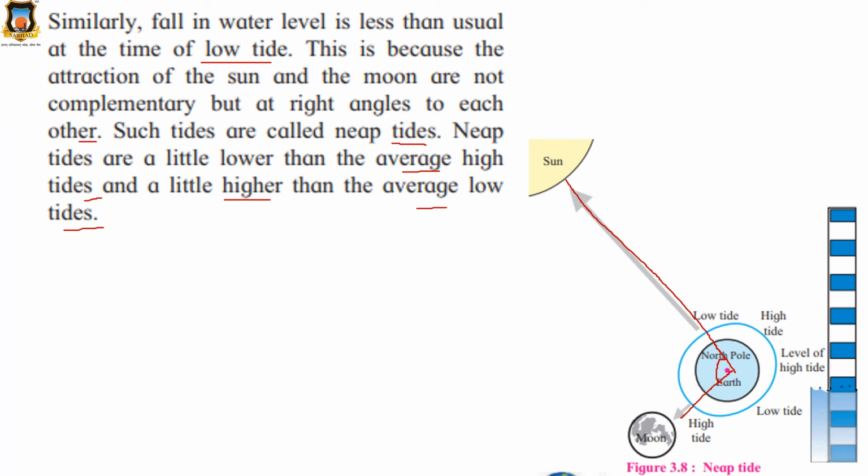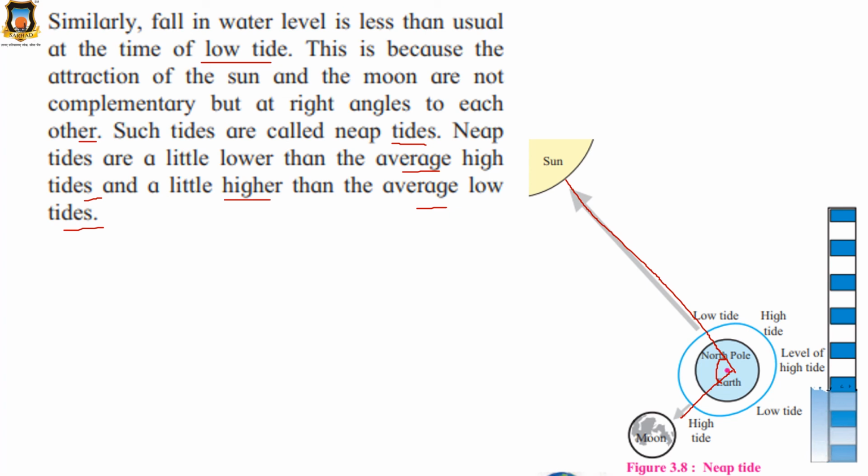Average means every day there is high tide and low tide, then those days when it is neap tide, it is high and low. Understood all of you? So this is neap tide.